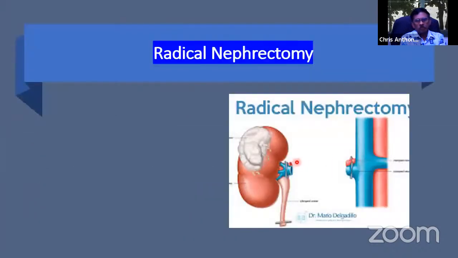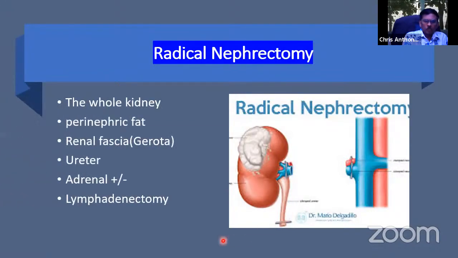This is a picture to show you radical nephrectomy. The whole kidney is removed with the tumor. The renal artery and vein are ligated. The ureter is also removed. The whole kidney with the perinephric fat is removed. Renal fascia also removed.